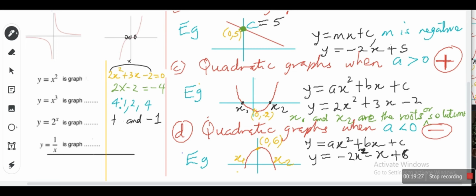So we use that. We are substituting these two to replace plus 3x.